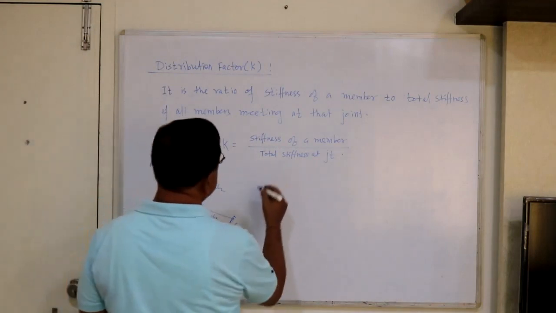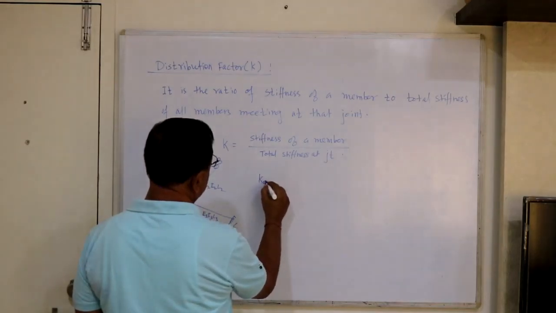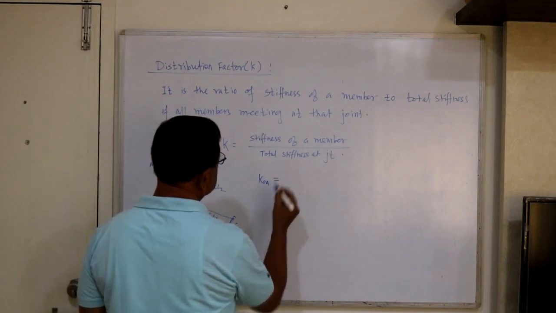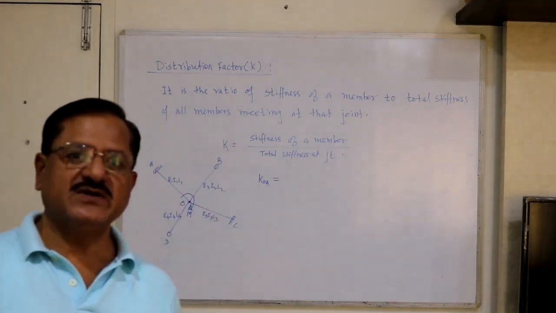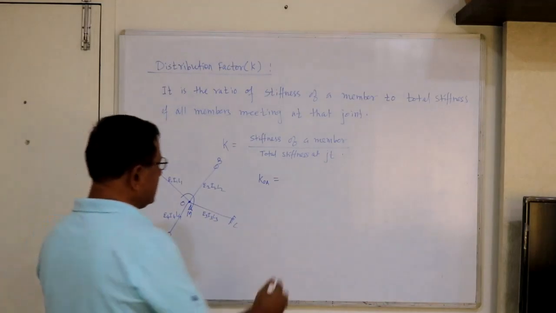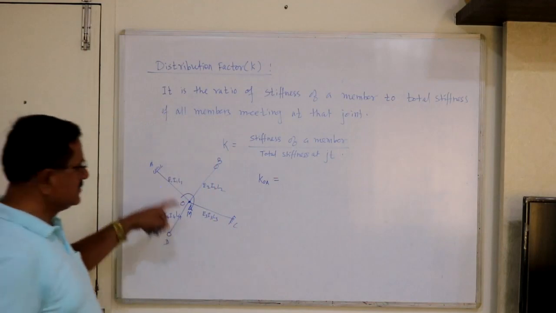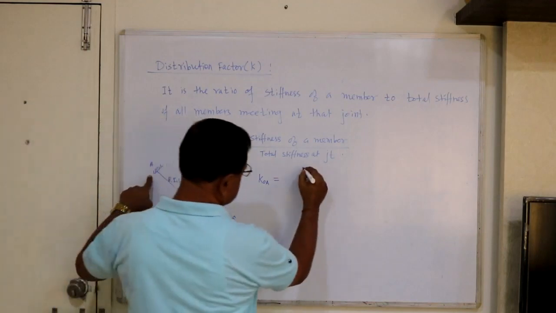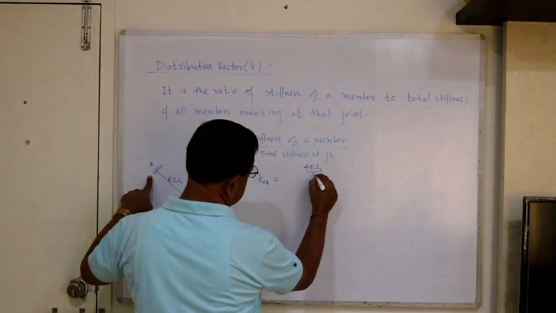Now suppose you want to find out the stiffness KOA, K is the stiffness at joint O for member OA. So that means the stiffness of OA. Because A is fixed, this is 4 E1 I1 upon L1.